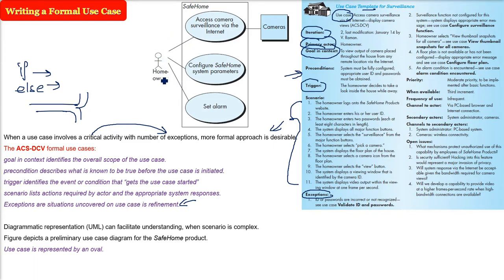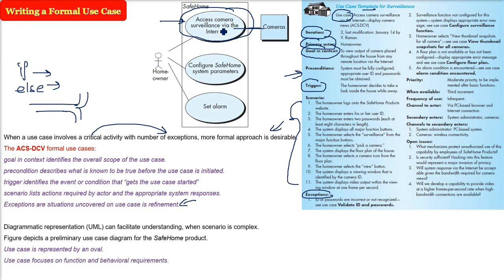Here you have the actor, and the oval, that is the egg-shaped figure, is the use case: access camera surveillance via the internet. Camera is also interacting, which is external.